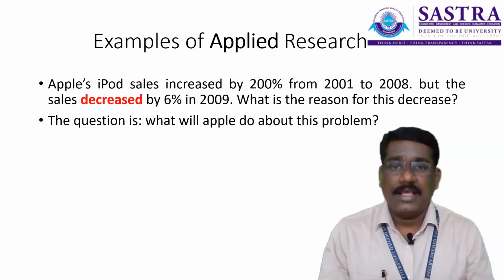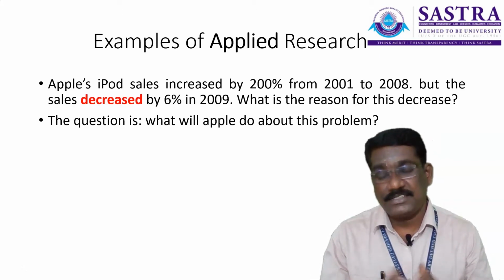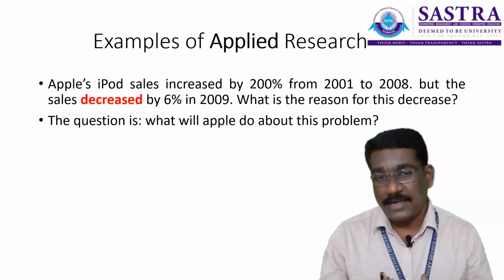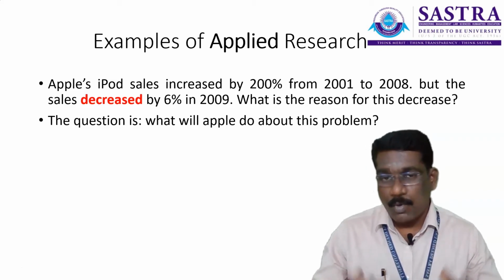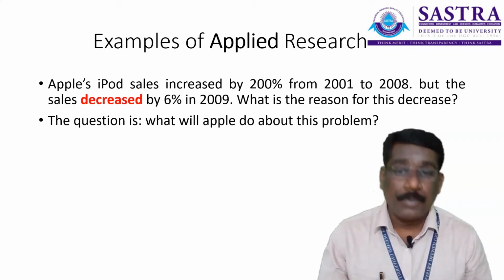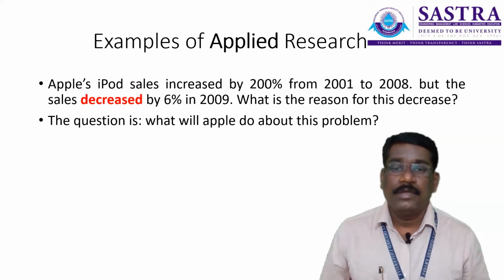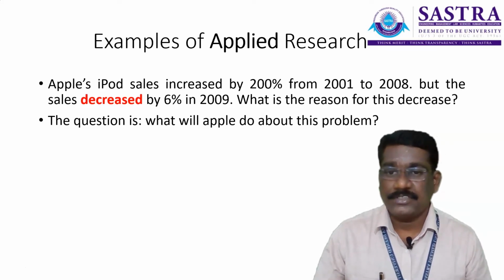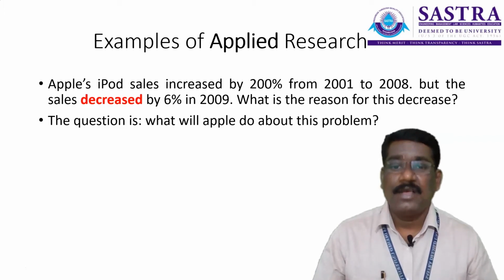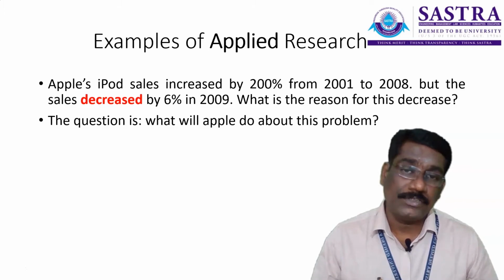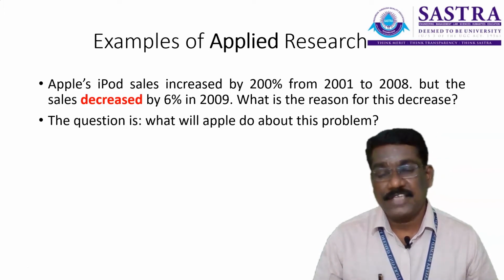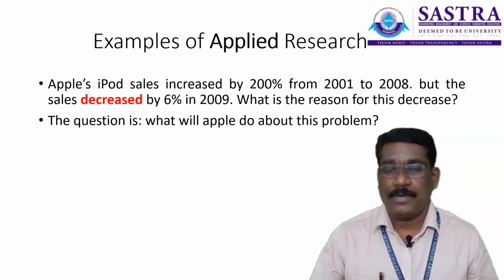What are the factors associated with the decrease in iPod sales? If you really want to provide a solution to this problem, you need to go for proper research. The question here is, what will Apple do about this problem? What are the factors responsible for the decline in sales? That aspect, we call applied research.